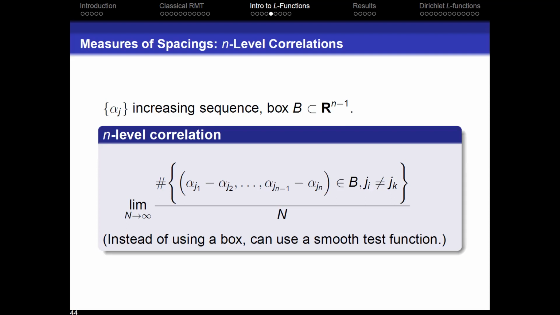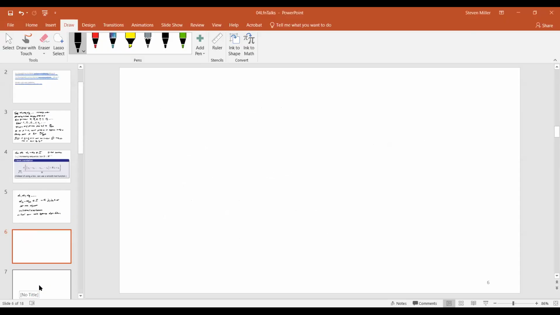If you want to understand the 3-level density, to some extent, you can view each component individually. I don't want to get too much into this because this is not really going to be what we're going to look at. So let's say we have alpha J1, alpha J2, alpha J3, and we have some box B, which is say I1 cross I2.